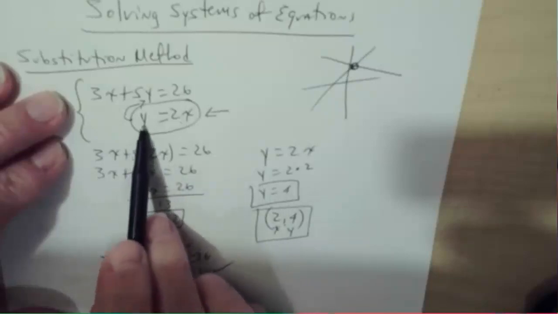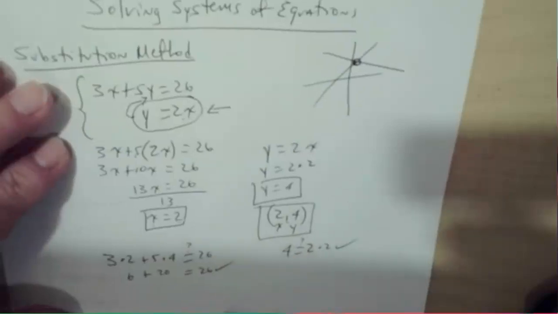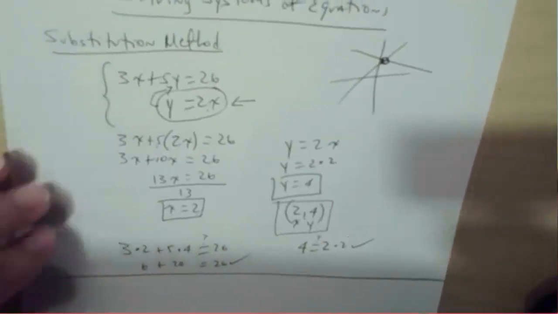And y is 4, so 4 equals 2 times 2, okay? That's y, and that's x. So 4 does equal 2 times 2, so we're correct. Okay? Next one.